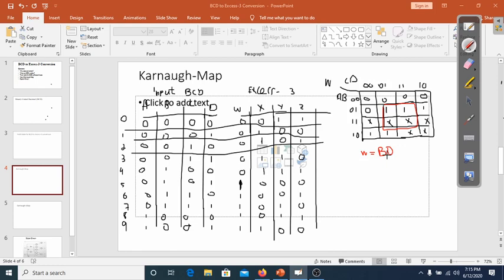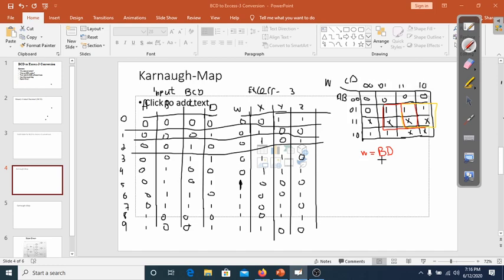Okay, so next, these four boxes are adjacent. So let me use some different color. I am using this yellow color. When I simplify these four boxes, I will get D into D prime, which will cancel out.